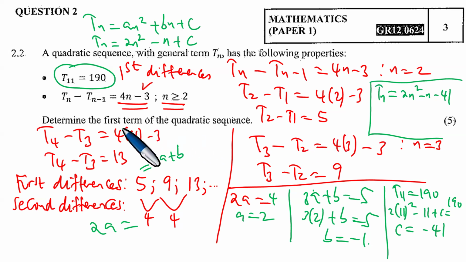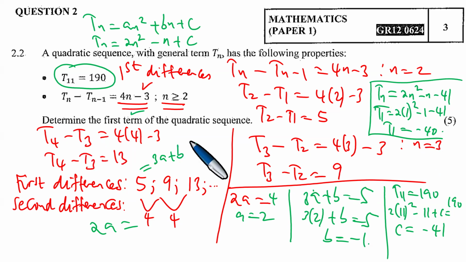So if this is the equation, then we have the general Tn formula. To determine the first term of the quadratic sequence, which means T1, we have 2 times 1 squared minus 1 minus 41. We're interested in the first term. So this is 2 minus 1 minus 41, which is 1 minus 41, which is minus 40.